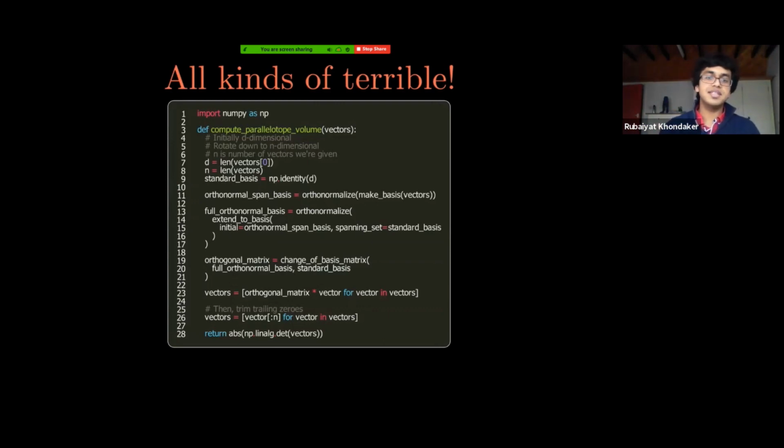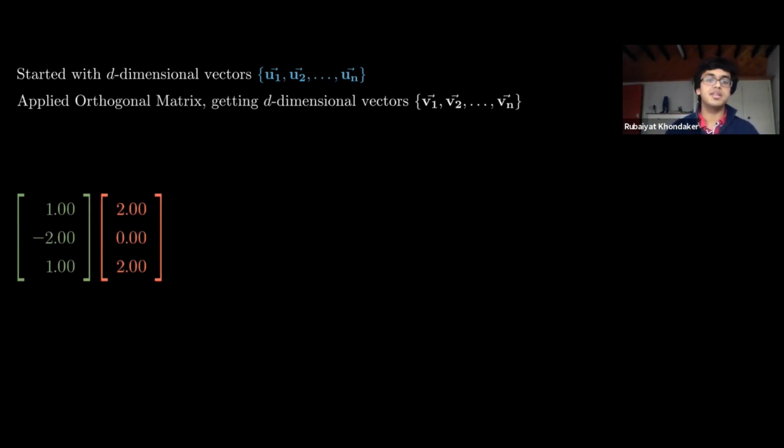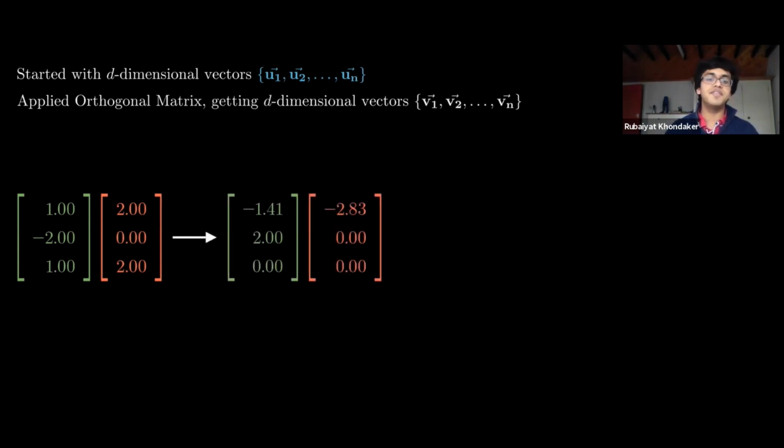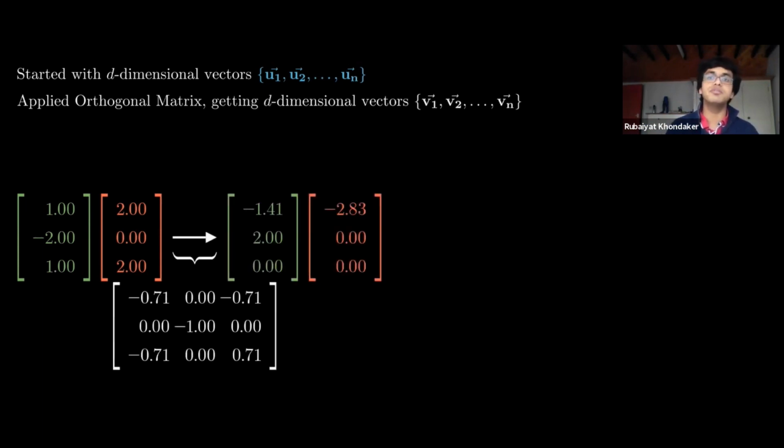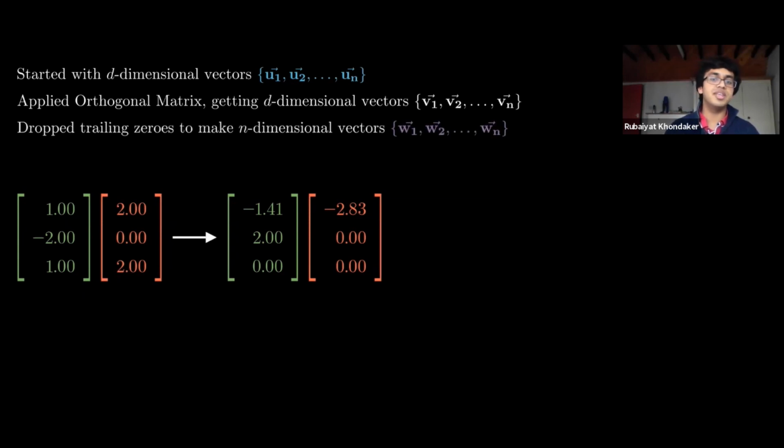Well, let's analyze the algorithm a bit more closely this time. Starting with our vectors. Here, I'm just bringing back the example in particular that we did. So (1, -2, 1) and (2, 0, 2). Apply the orthogonal matrix. And this time, we didn't find it by magic. We had to go through that whole process to find it. Then we drop the trailing zeros.